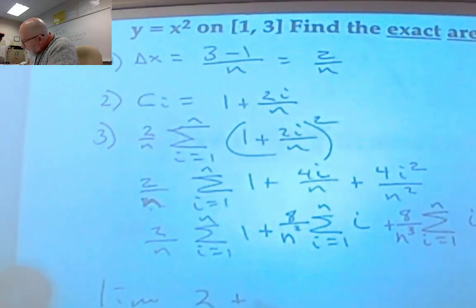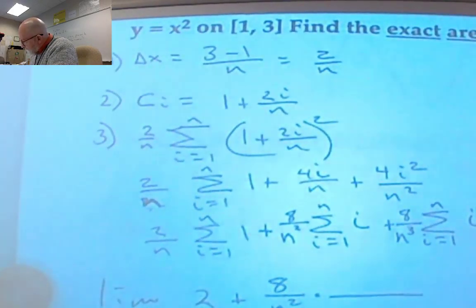Plus 8 over n squared times what? n times the quantity n plus 1 over 2. Plus 8 over n cubed times n times the quantity n plus 1 times the quantity 2n plus 1 all over 6.